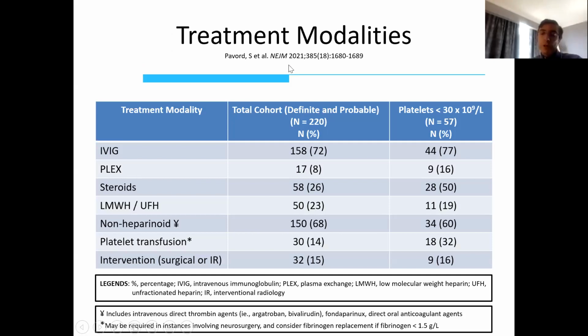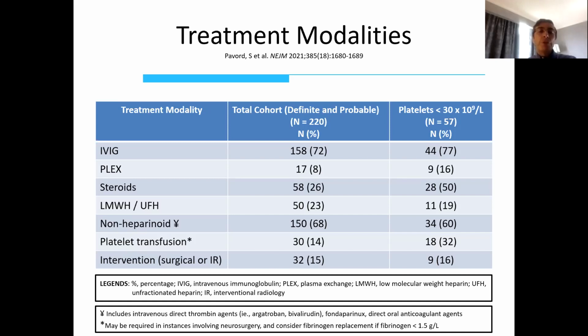Let's look at the recent prospective cohort reported in the UK, and compare what was utilized in the total cohort and in the more severe patients whose platelet count was lower than 30,000. We can identify that many of such patients would have been exposed to heparinoids, but more commonly to non-heparinoids, and these may not be names you're familiar with: argatroban, bivalirudin, fondaparinux, or any of the 5 direct oral anticoagulants.